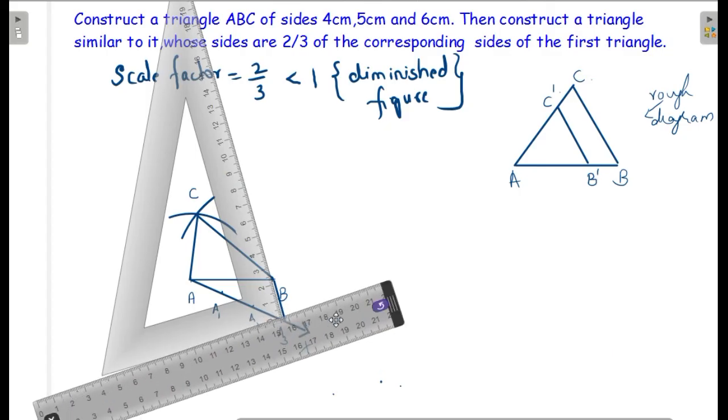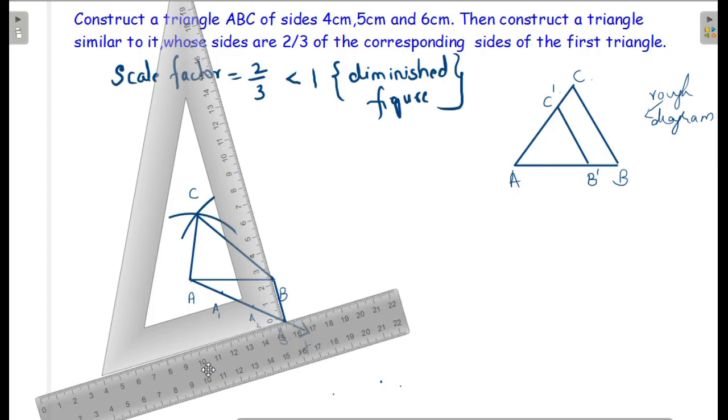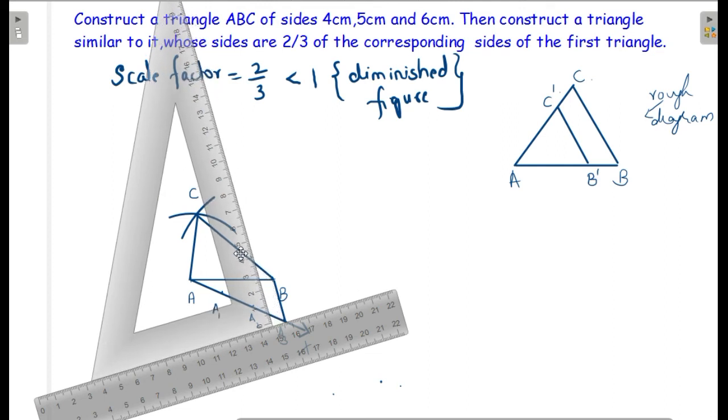So, look at this carefully, we are fixing the position of the set square. So if we move this set square, then all the lines that can be drawn will be parallel to this A3B. So now, because the numerator is 2, we have to move the set square to A2.